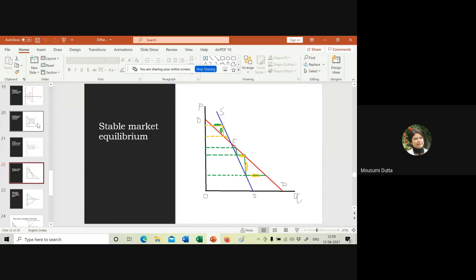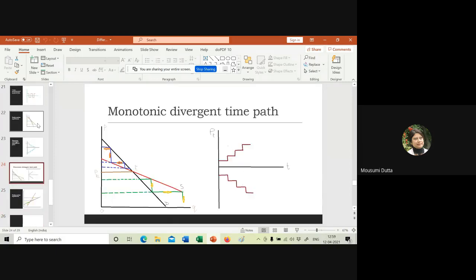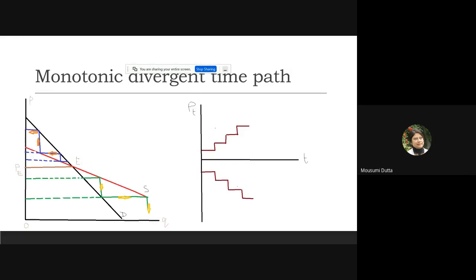Then let's come to the diagram. So we are considering. Ma'am, here there is excess supply below, so the price will fall.